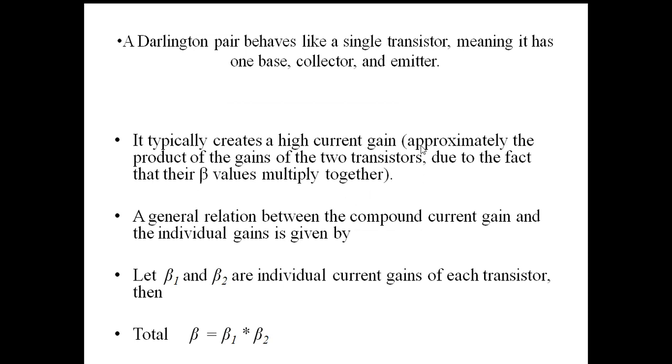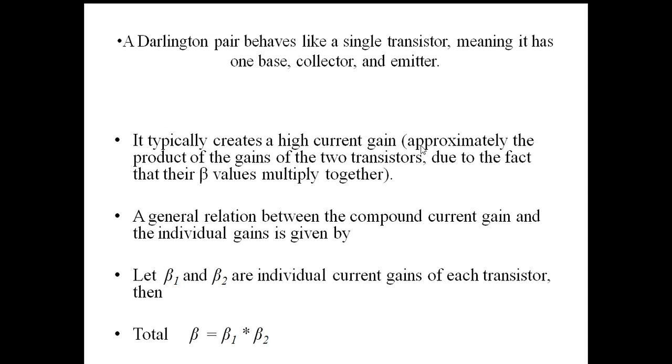A Darlington pair behaves like a single transistor, meaning it has one base, collector and emitter, as I just showed. It typically creates a high current gain. Actually, this is used to get very high current gain.